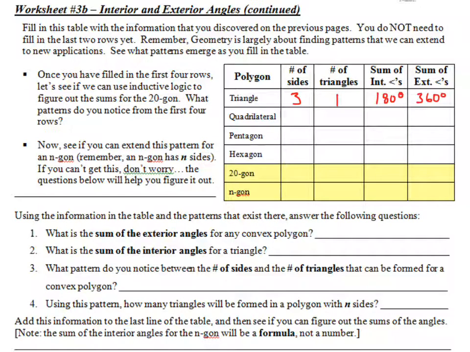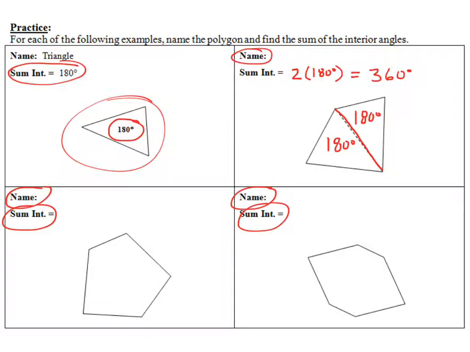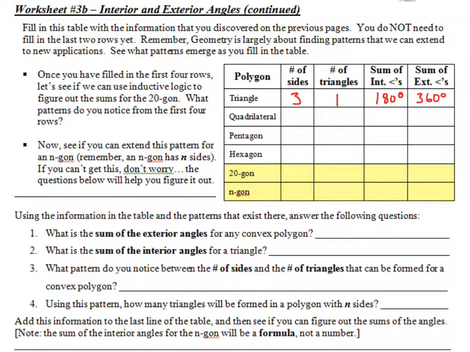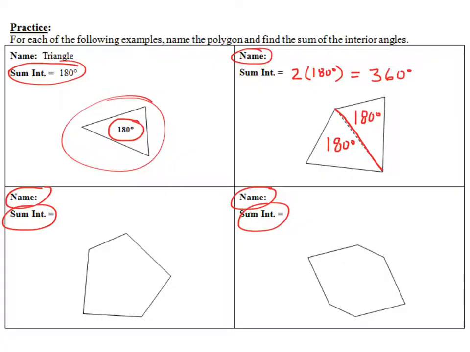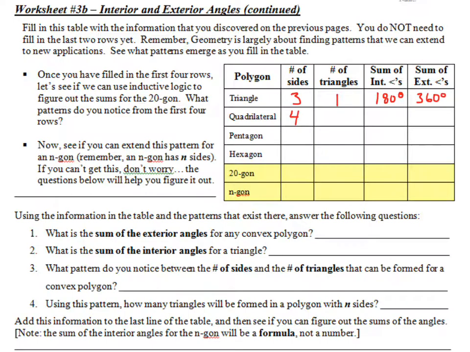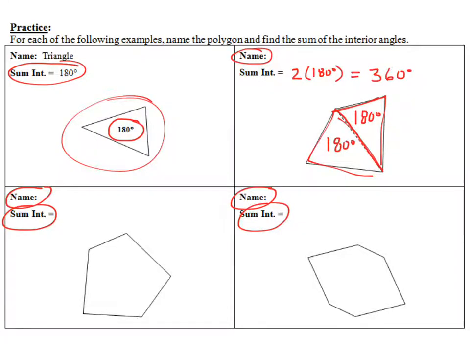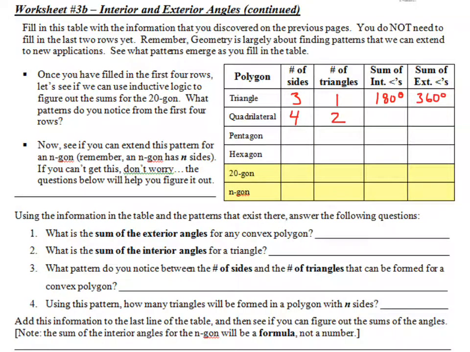Okay, so for this next one, the quadrilateral, that's a 4-sided figure, right? And we found for the 4-sided figure, so this will be 4, the number of triangles that we can make, we can see it was 2, right? 1 triangle here, 1 triangle there. The sum of the interior angles you haven't found yet, oh, actually we did find that, that was 360 degrees, so we can add that to our table.